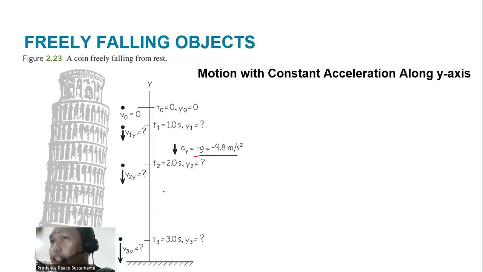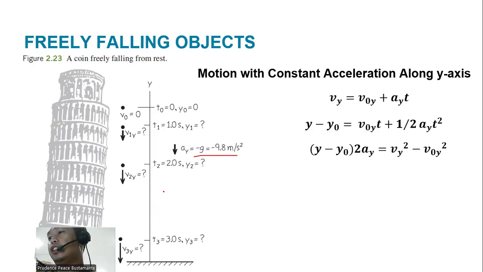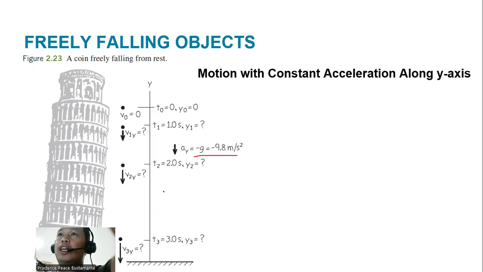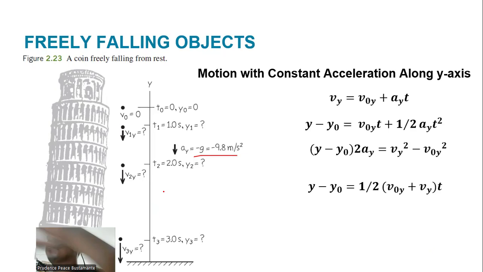Since this is a motion with constant acceleration but in the y-axis, we can make a kinematics equation with constant acceleration in terms of the y-axis. This is it. And since our acceleration is negative g, in free fall we have a negative 9.8 meters per second squared acceleration, we can replace this with negative g.